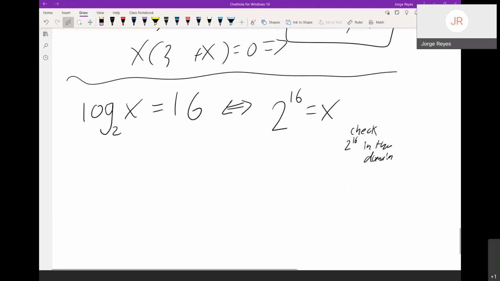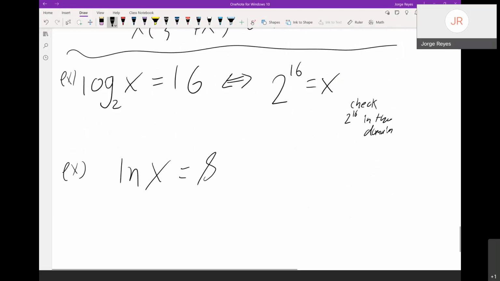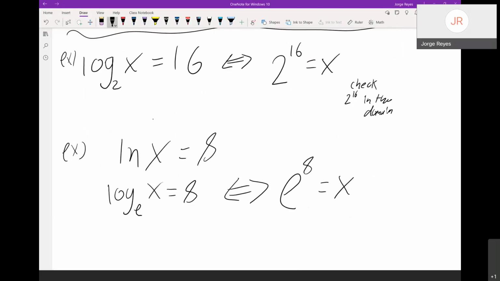Now let's do another quick example. If you have natural log x equals 8, you can again do the swap. Remember that natural log is just log base e. So the base is e, and I flip the things on the sides of the equal sign, and ta-da, it just falls out.